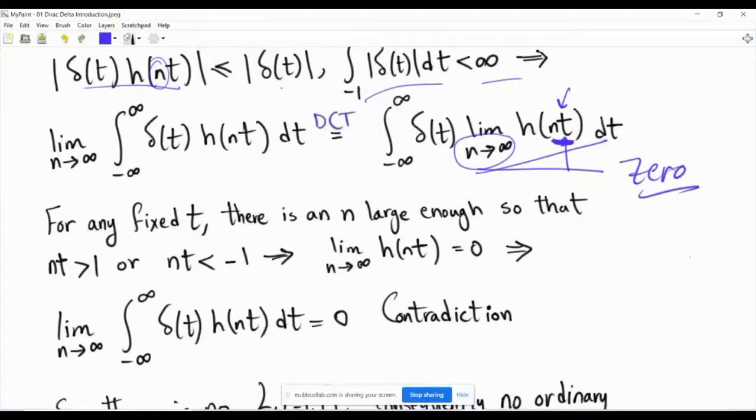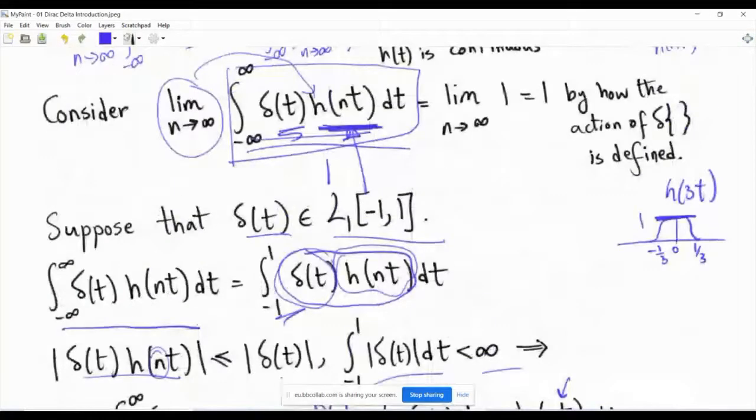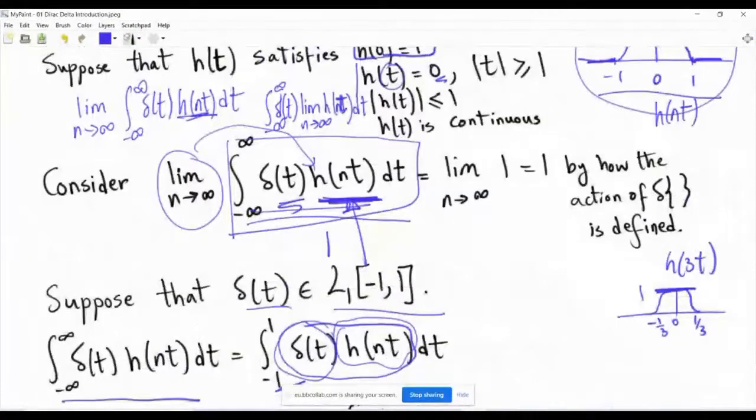So in short, the limit will be 0, and the integral will be 0, which is a contradiction, right? Because if you apply the integration first, then the limit, the integration will give you 1 by design, by the desired property of this function.